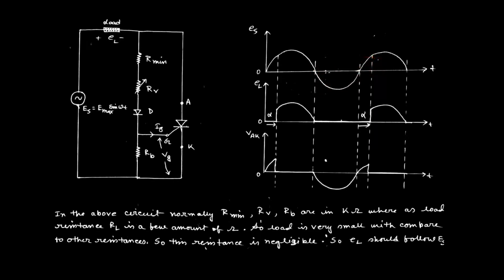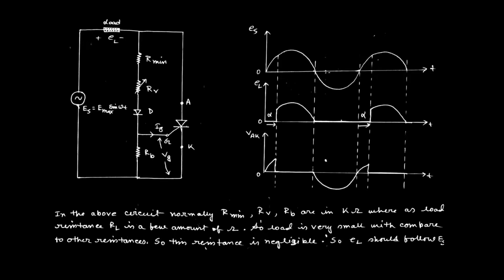We can draw the same waveform across Vt, the terminal voltage. That means we can conclude that when the switch is on from alpha to 180 degrees, the voltage appears across the load. When the switch is off, from 0 to pi and again from 180 degrees to 360 degrees, the voltage appears across the switch.